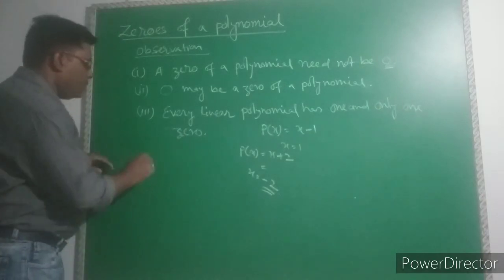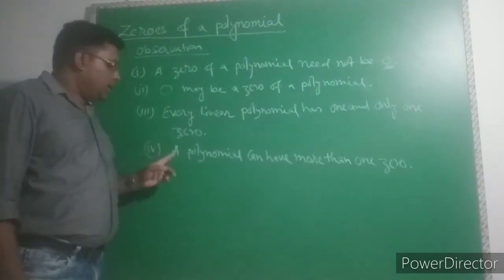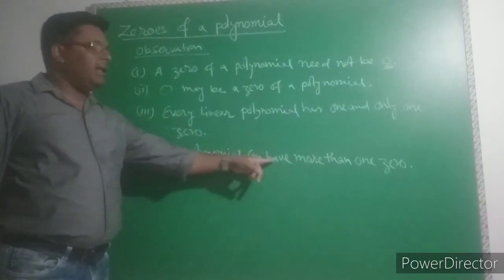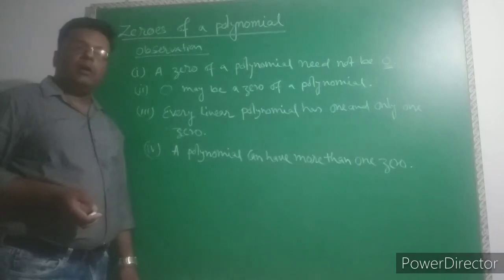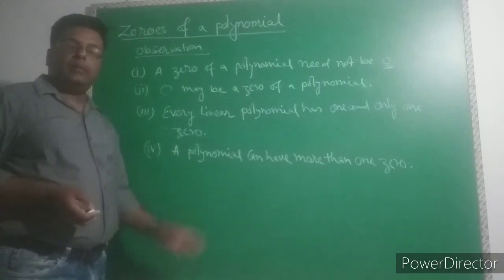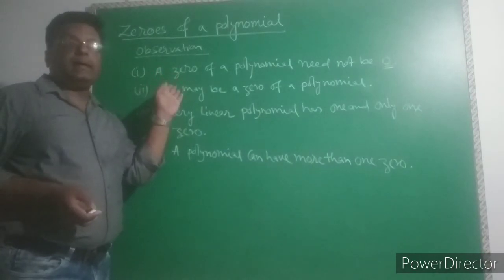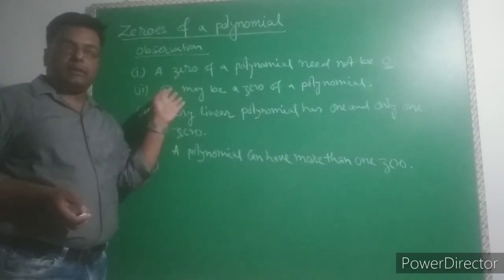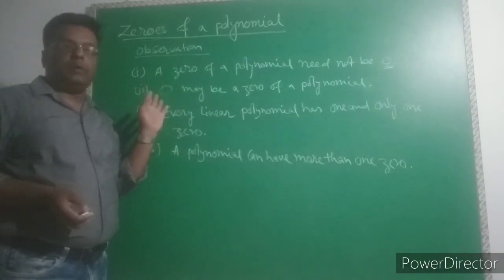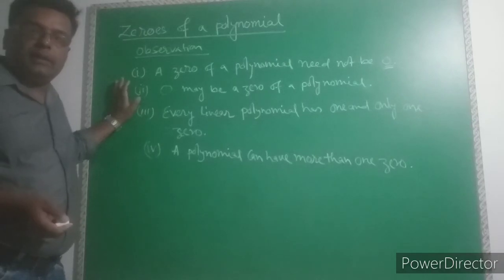Next, number 4: a polynomial can have more than one zero. For example, in the first example, p(x) was x square minus 5x plus 6. For that polynomial we found that for x equal to 2 and x equal to 3, the polynomial becomes 0.